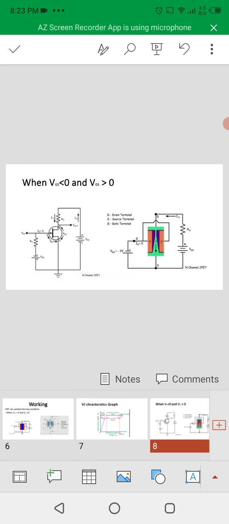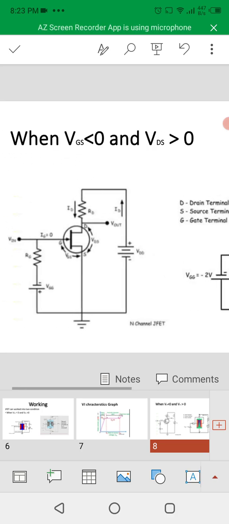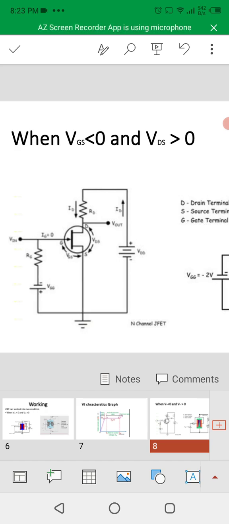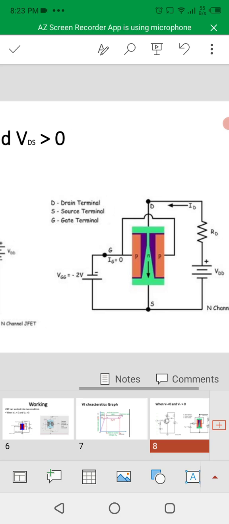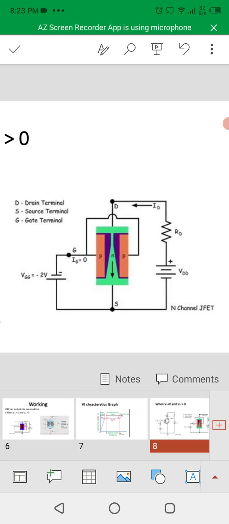The next topic is when VGS is less than 0 and VDS is greater than 0. Less than 0 means negative potentials, and greater than 0 means positive potentials. Here you can see we take minus 1 volt, and the depletion region becomes narrow.